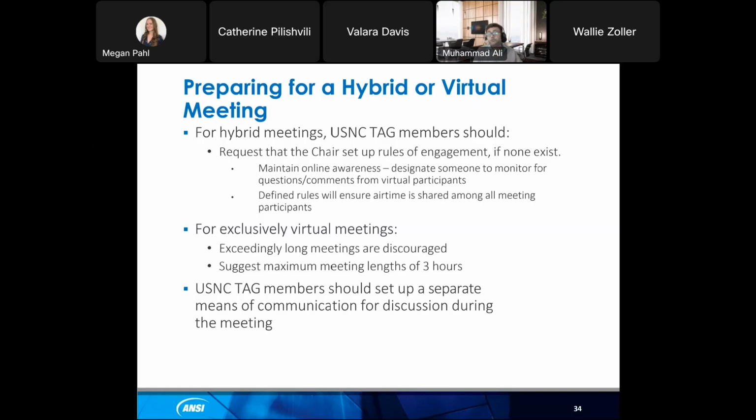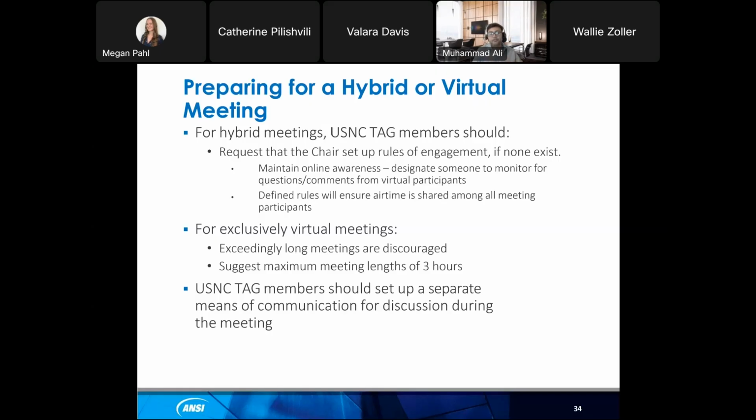And for exclusive virtual meetings, we also have to make sure that the meetings are not 8 to 9 hours continuously. They have to be a reasonable amount of time where participants can participate effectively.